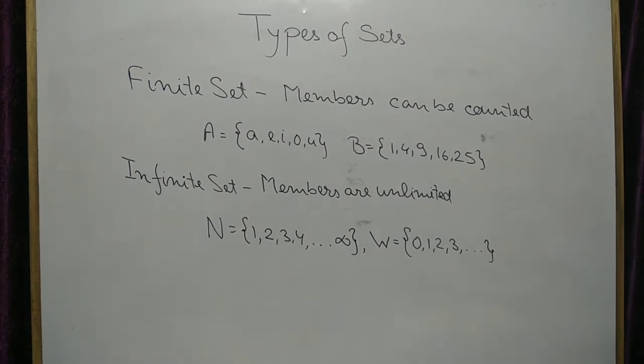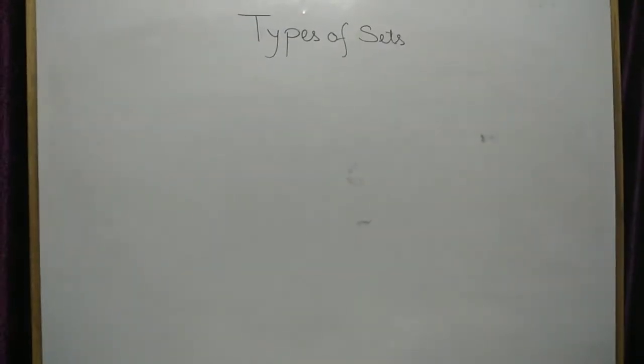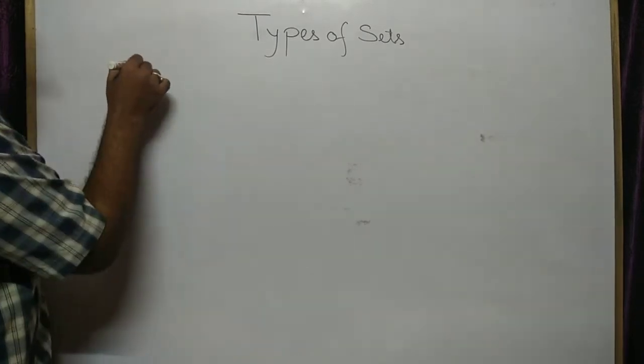Then one more set is there in which we can count the members. It's a singleton set. Let me rub the board first. Okay, our next set is the singleton set.